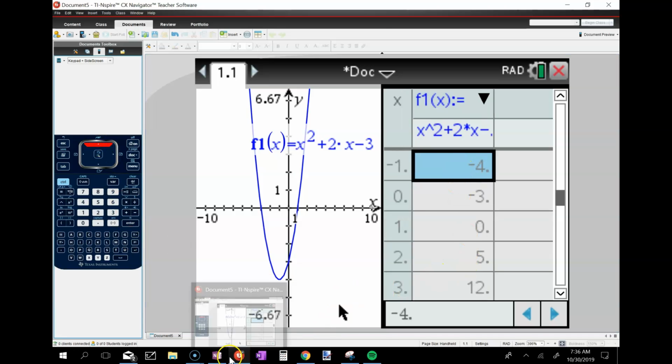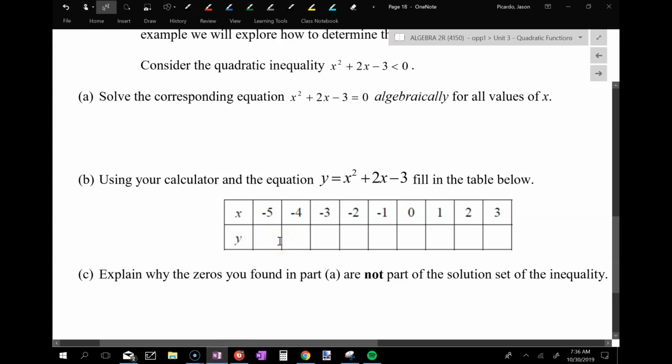So give me these values, guys, because I've got to put this down. What do you got? What's for negative 5? Negative 4? Negative 3? Negative 2? Negative 1? 0 is negative 3, right? 1? 2? And 3 is 12.